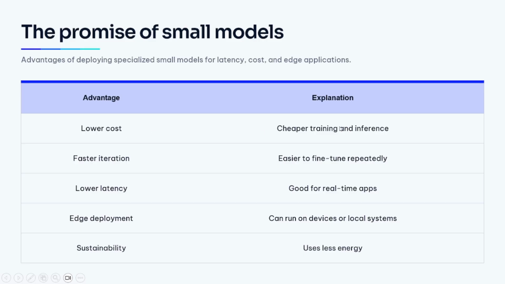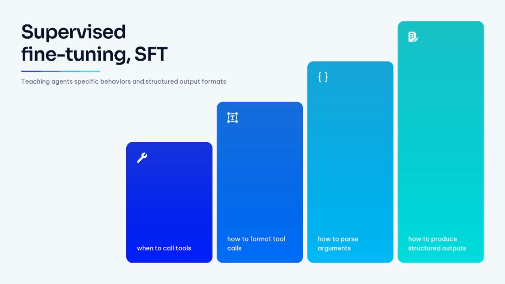Lower cost: cheaper training and inference. Faster iteration: easier to fine-tune repeatedly. Lower latency: good for real-time apps. Edge deployment: can run on devices or local systems, even on your laptop. Sustainability: uses less energy. So instead of fine-tuning a larger model, you can just build a small model and then fine-tune it to achieve your goal.